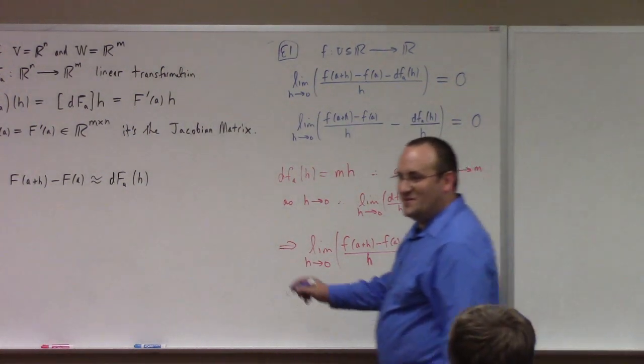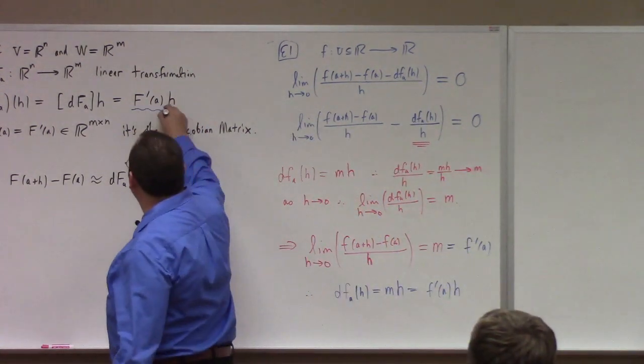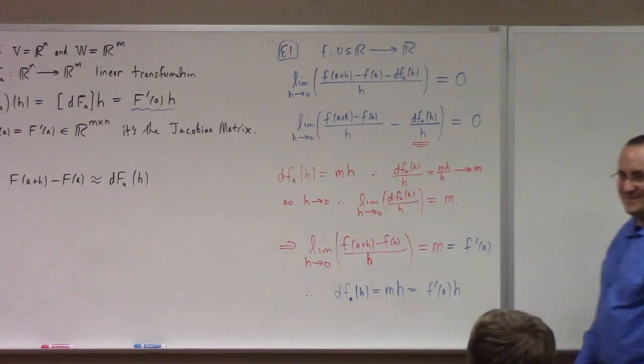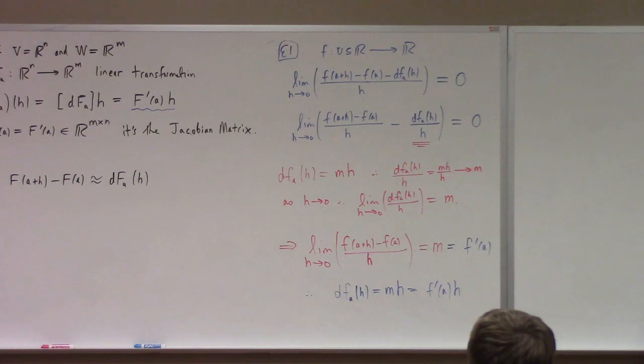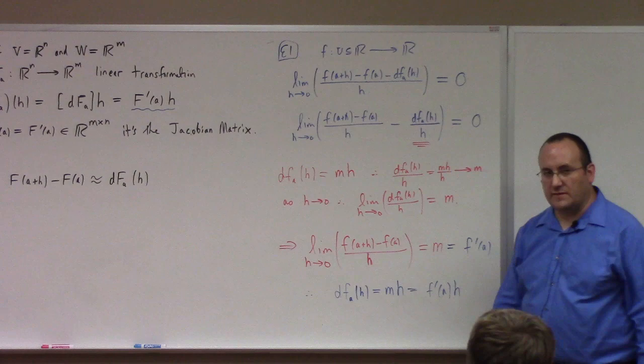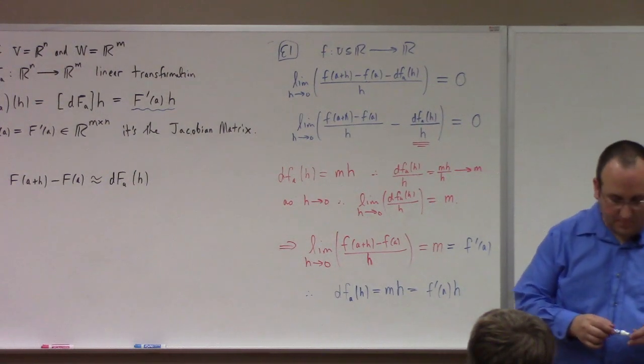Which is why this notation in Edwards is kind of okay. Sneaky, because his f prime of a is a matrix. But okay. So this is the natural relation between the differential and the derivative.